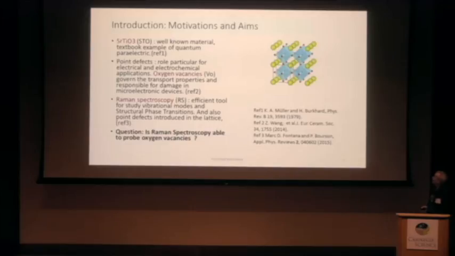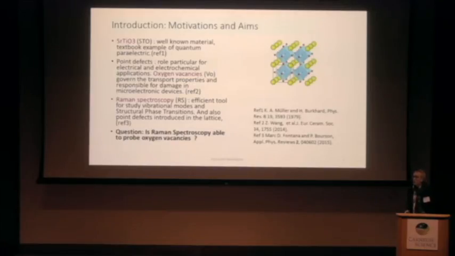So, 3 keywords in my talk: strontium titanate, example of antiferrodistorsive phase transition and quantum ferroelectric; oxygen vacancies, which are very important for application, especially for electrochemical and electrical damage.